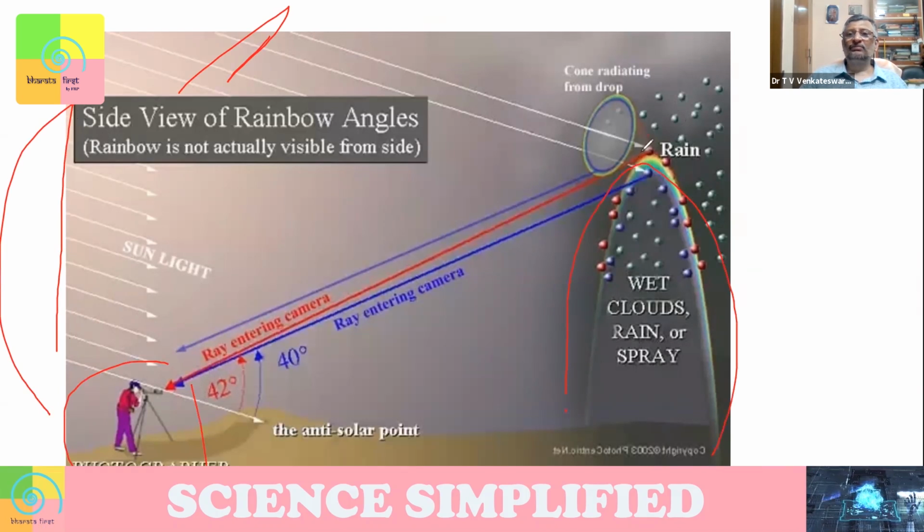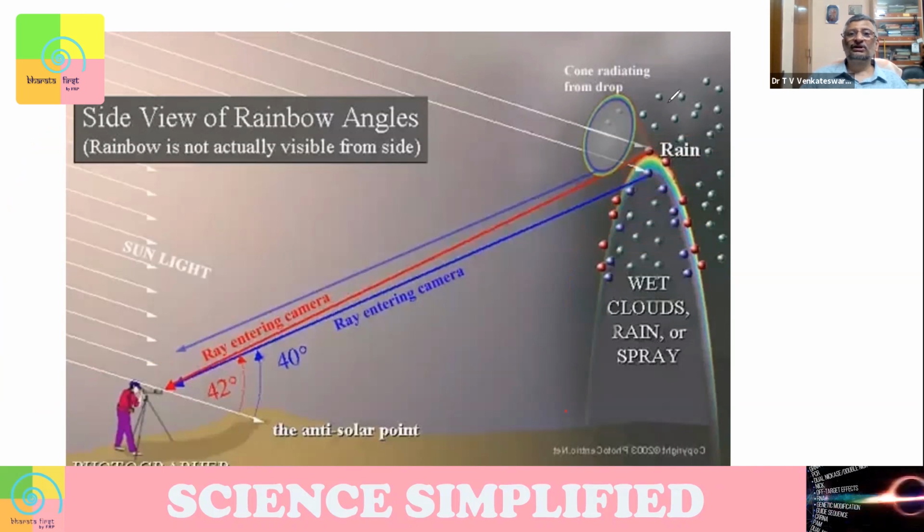At some distance there is either a cloud with raindrops, or raindrops are actually falling. When the sunlight falls on those drops, it is dispersed, and then you get the rainbow. Very importantly, this is something you have to note down.